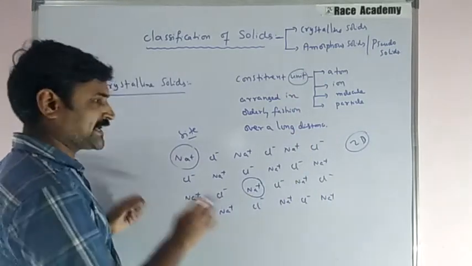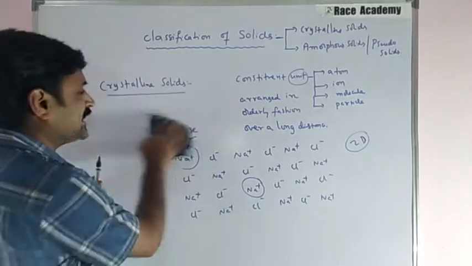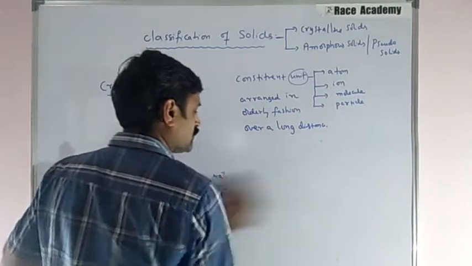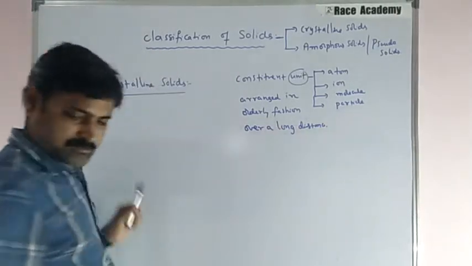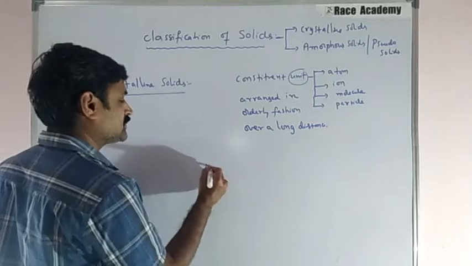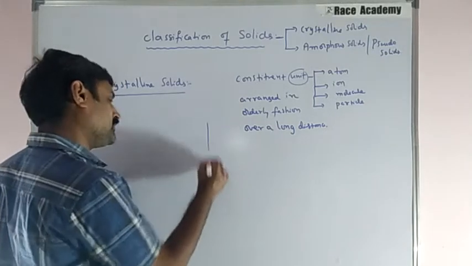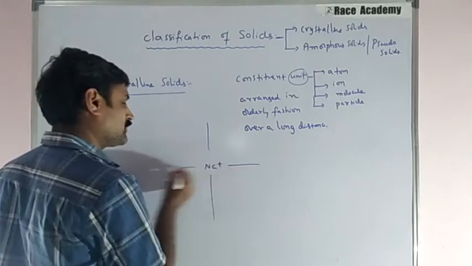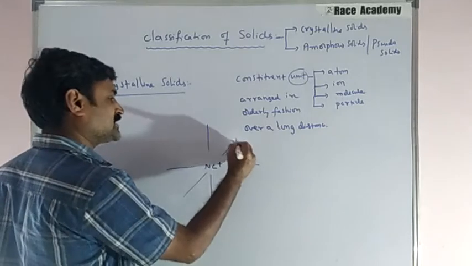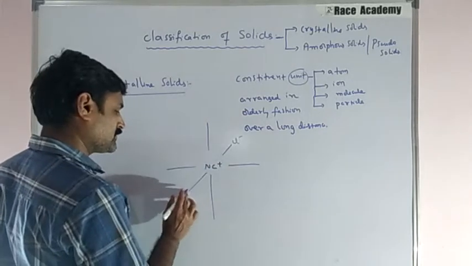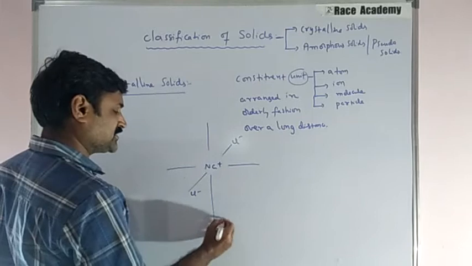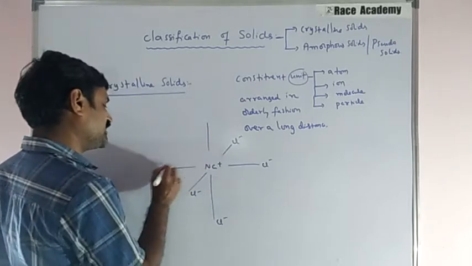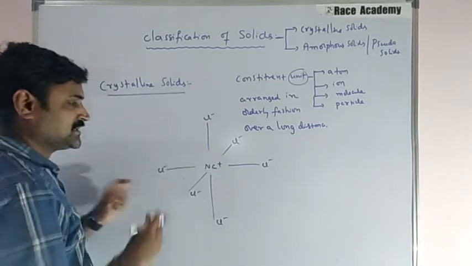For example, if you take Na plus in three-dimensional fashion, what is the coordination? Here Na plus is there, and here Cl minus, here Cl minus, here Cl minus, here Cl minus, here Cl minus.